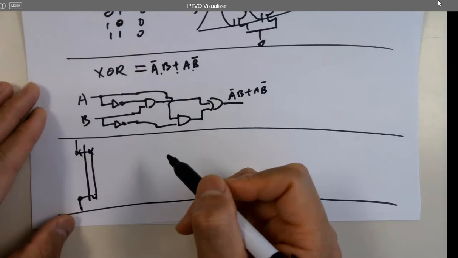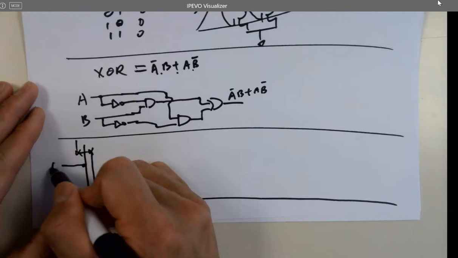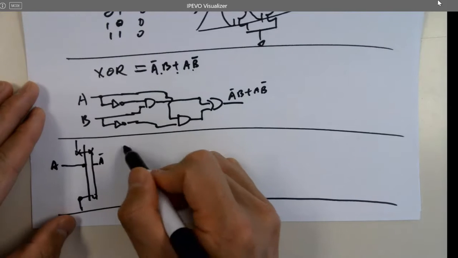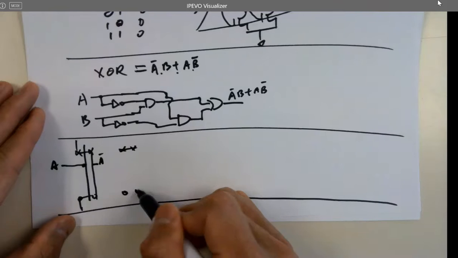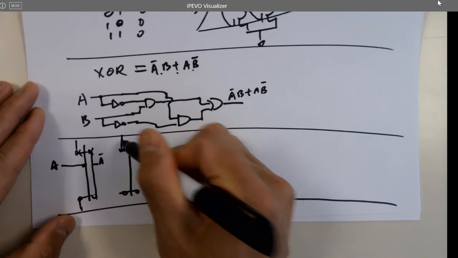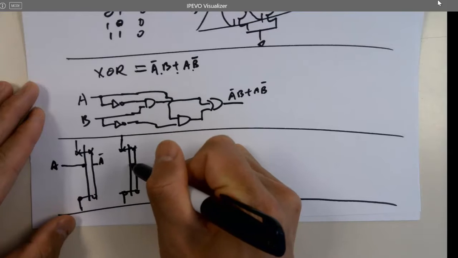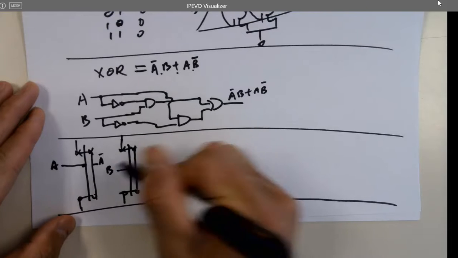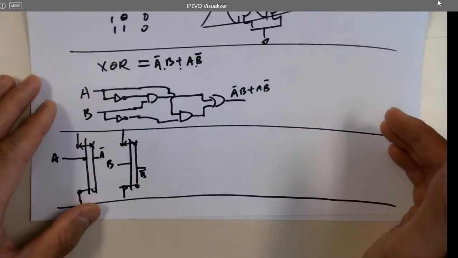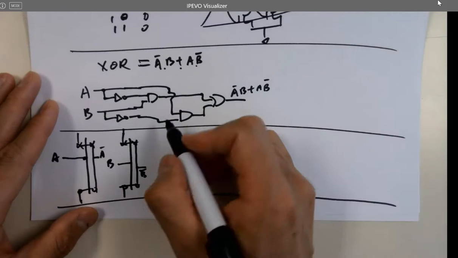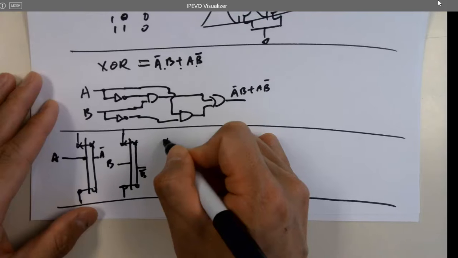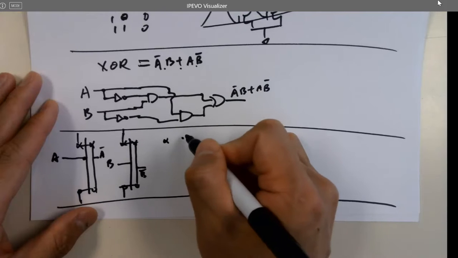Like that, right? And this is A, and this is A naught. And this is B, and this is B naught. And the AND gate is a NAND gate in parallel, right?